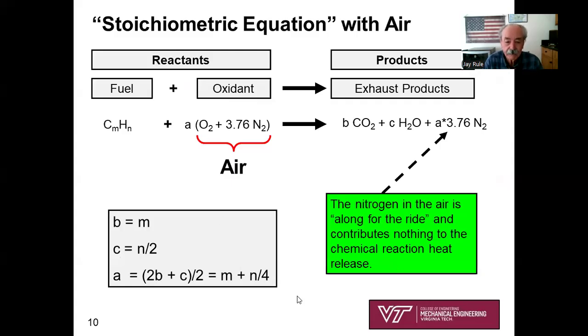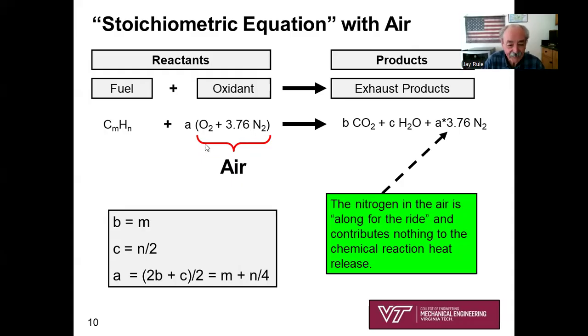So let's go back and look at our stoichiometric equation. In other words, where we have perfect combustion, we're using air as our oxidant. We're turning our fuel into CO2 and H2O, and then recognize with air, the nitrogen's just along for the ride.